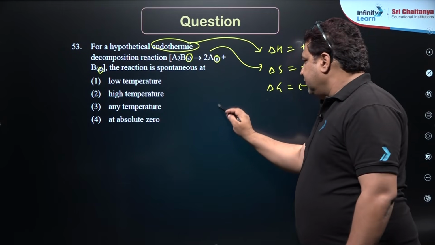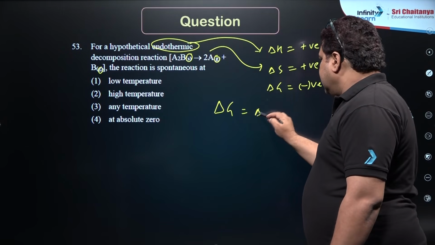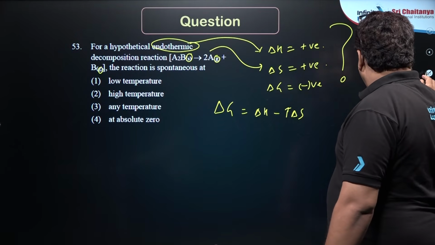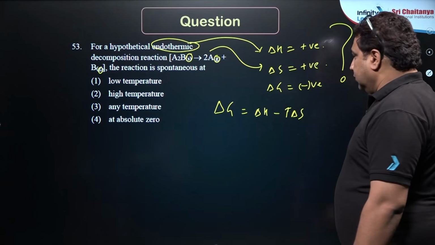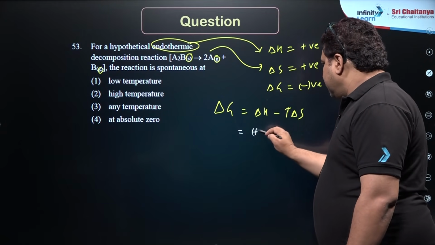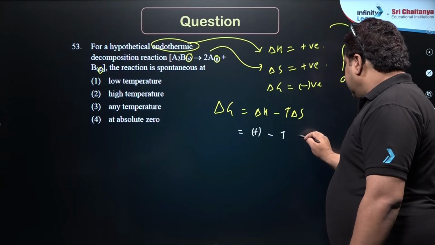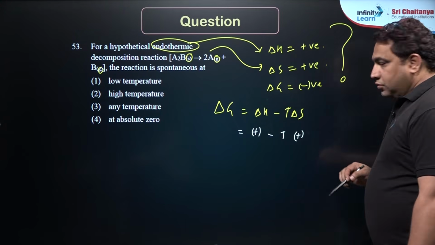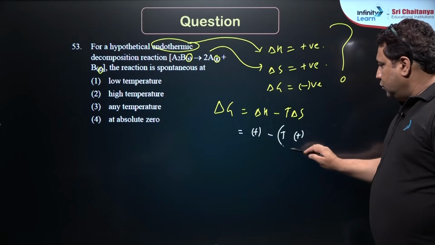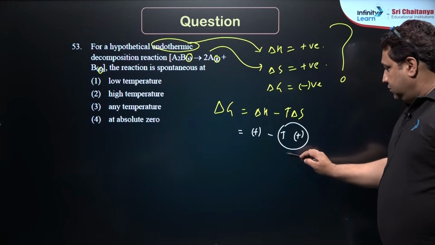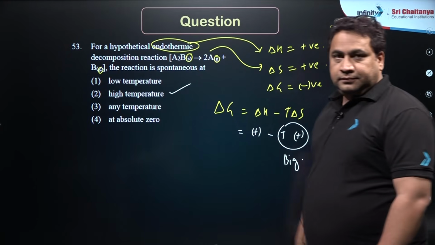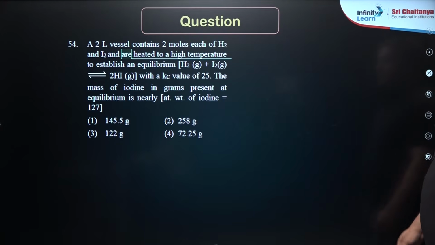If you take the equation delta G is equal to delta H minus T delta S, then delta H is obviously positive and delta S is positive. Now, if you want to get a net negative answer, then the T delta S value should be a big value. Yes or no? So to be a big value, temperature must be high.